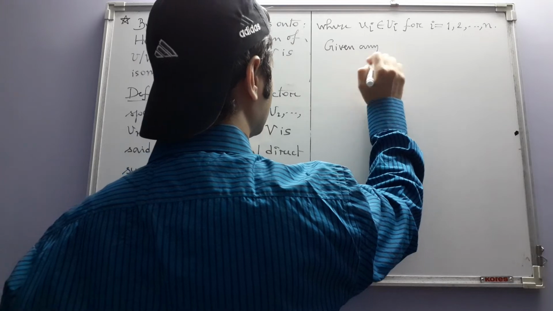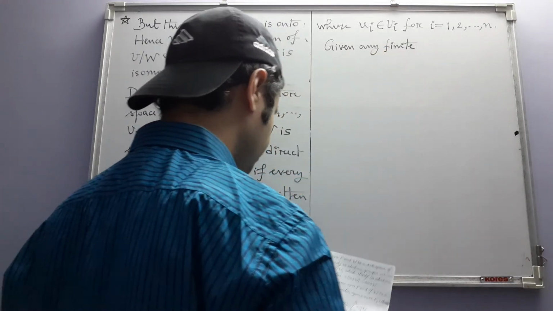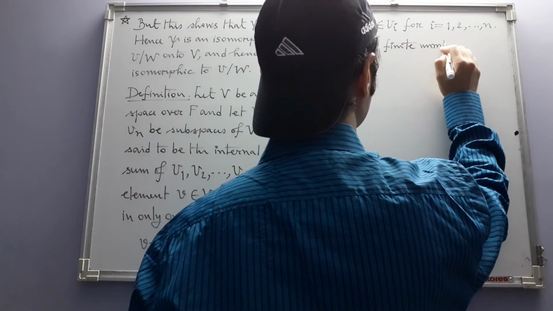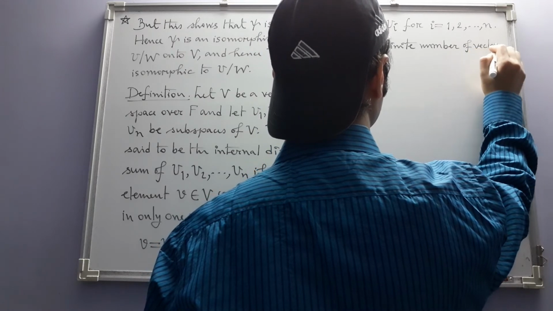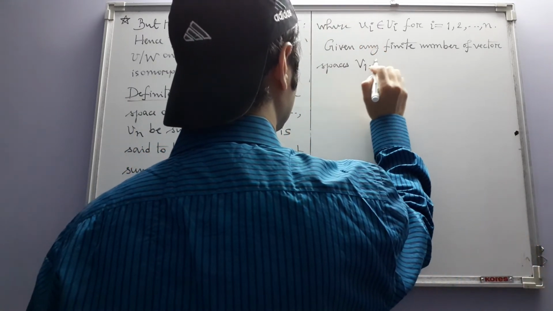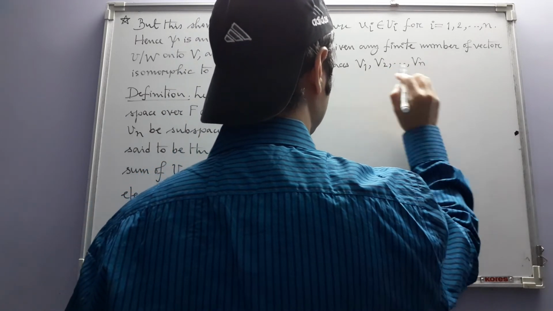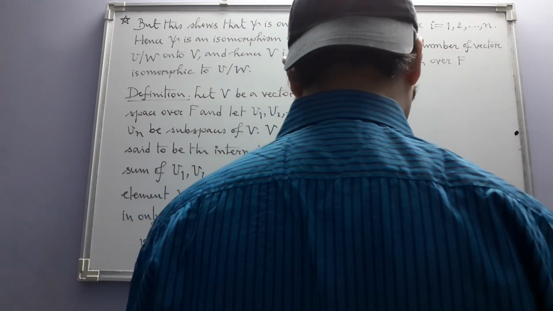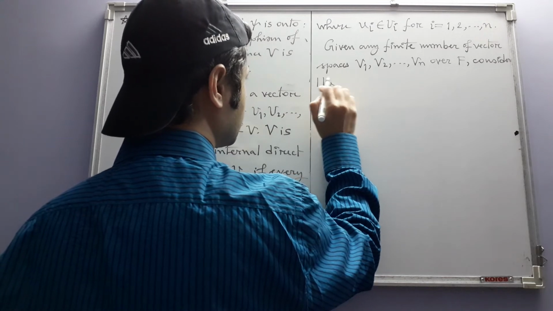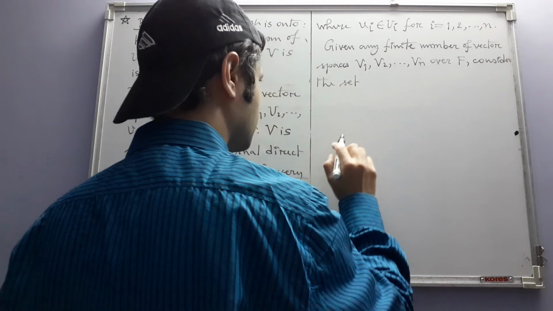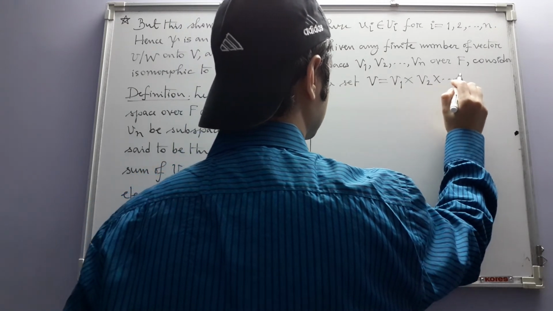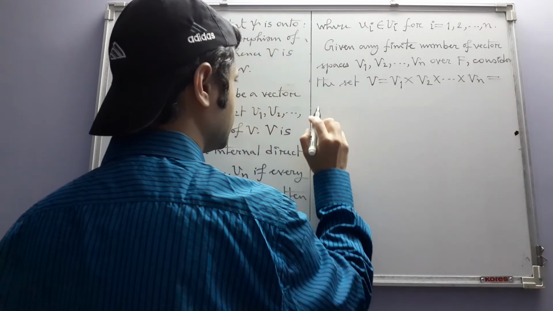Given any finite number of vector spaces V1, V2, etc. up to Vn over some common field F, consider the set V equal to the Cartesian product of these sets, which you already know what it is.